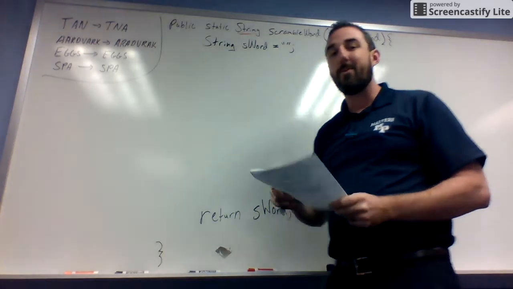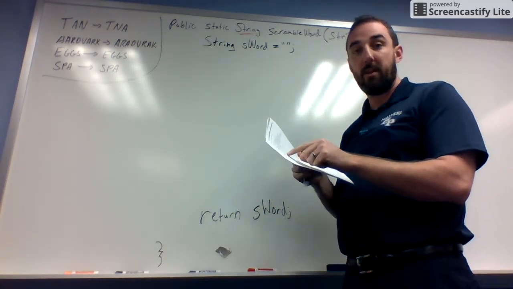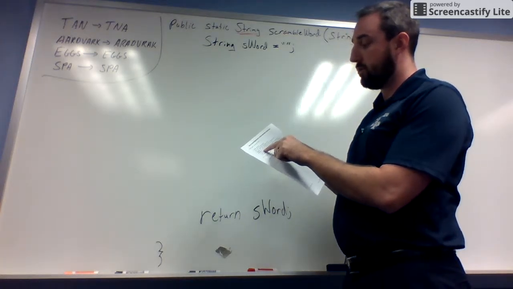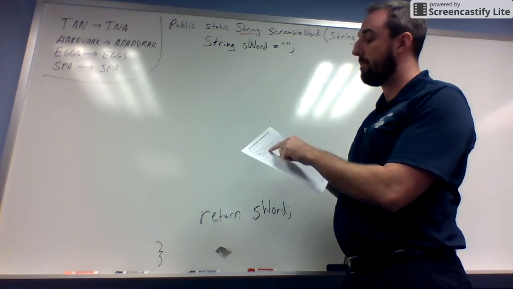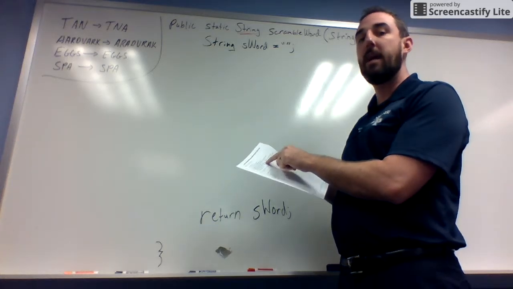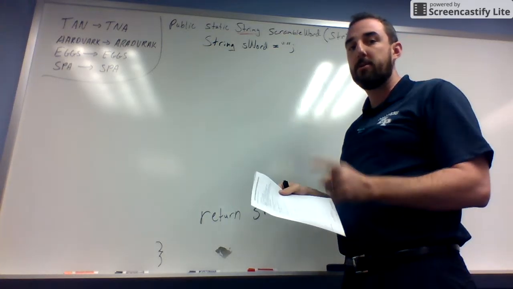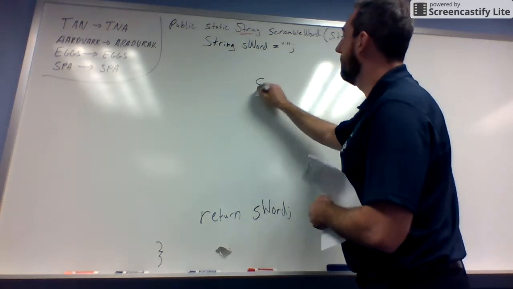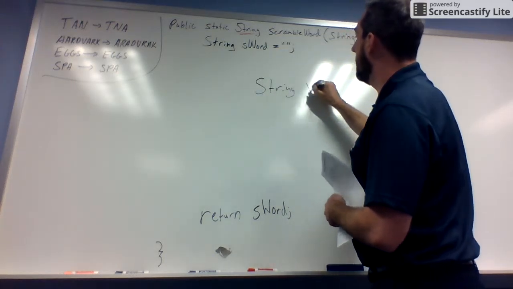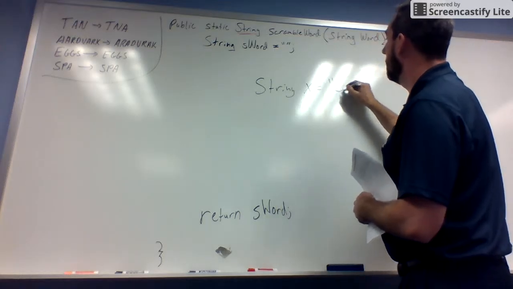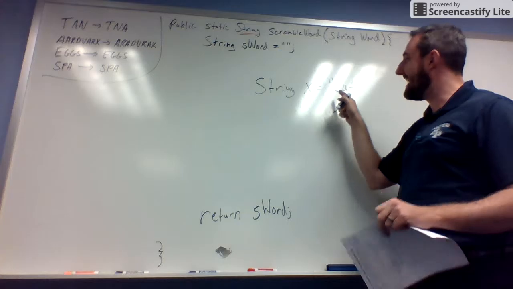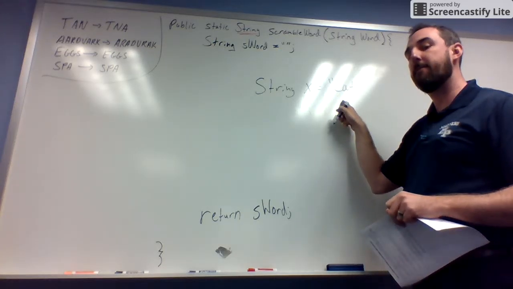Now, there's another kind of clue that they put in here, and that's why we're spending time reading it. It says the string returned was created from word. Created from word. This is an important thing to know about strings. If I were to say String x equals "cat", I cannot change this. I can't make that any different.